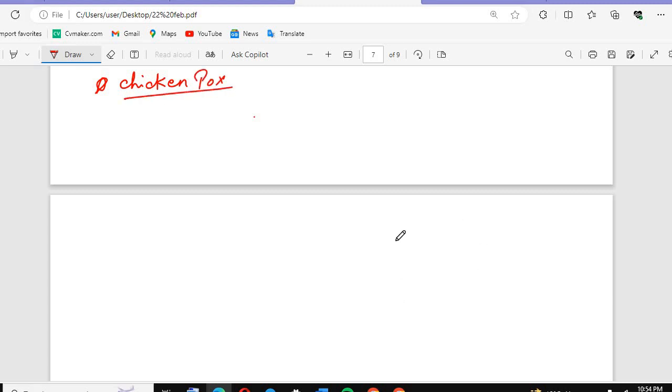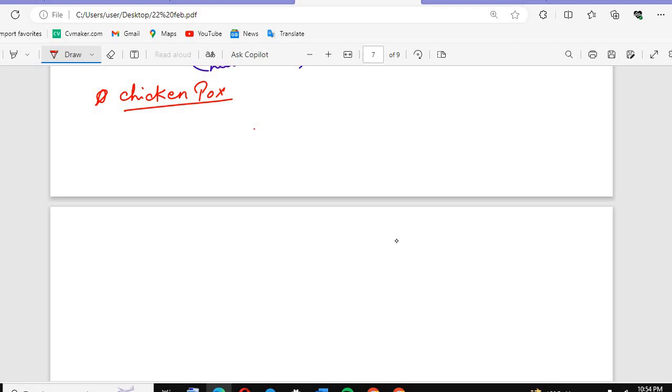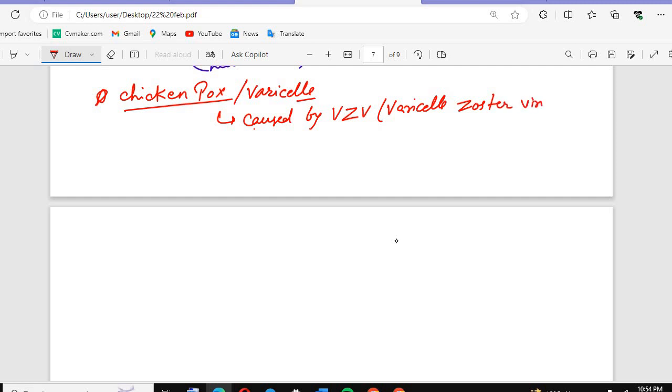It is also known as varicella, because it is caused by the varicella zoster virus. Varicella zoster virus causes chicken pox. So that you need to remember.